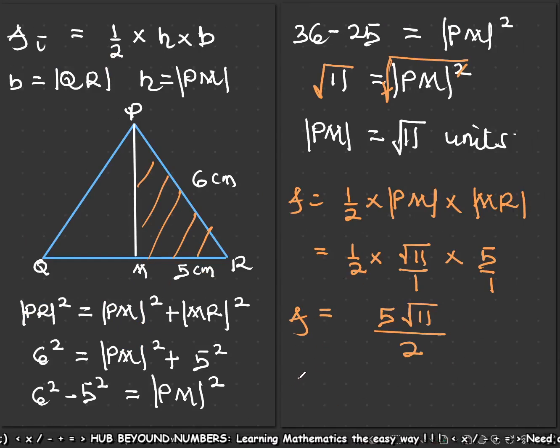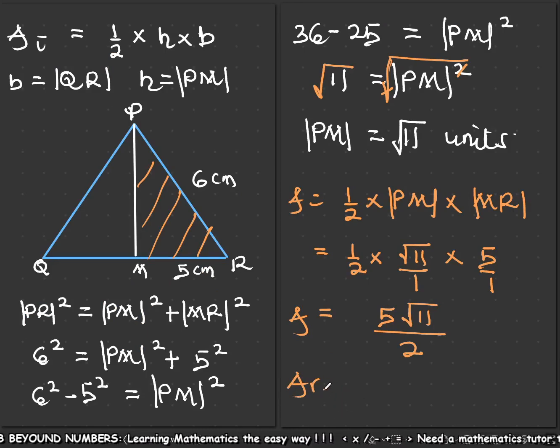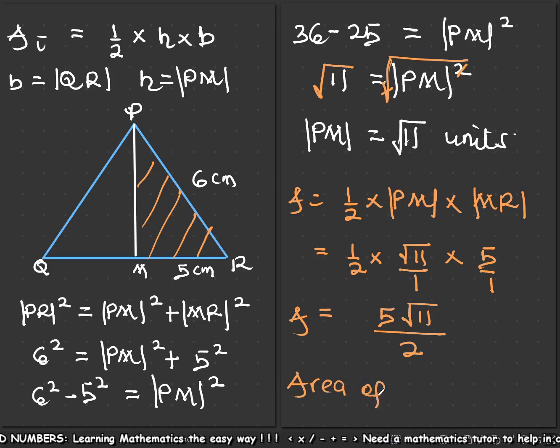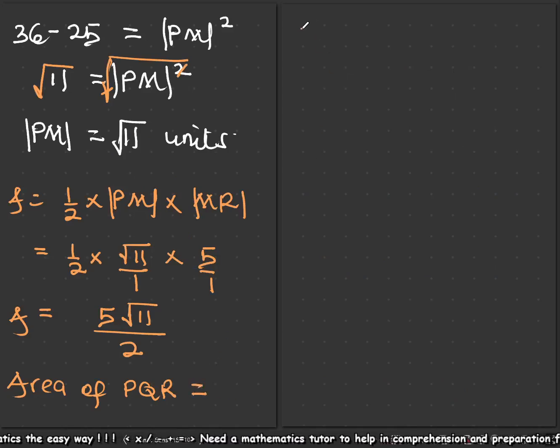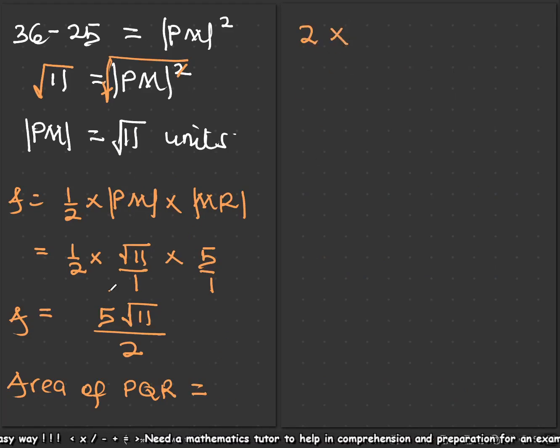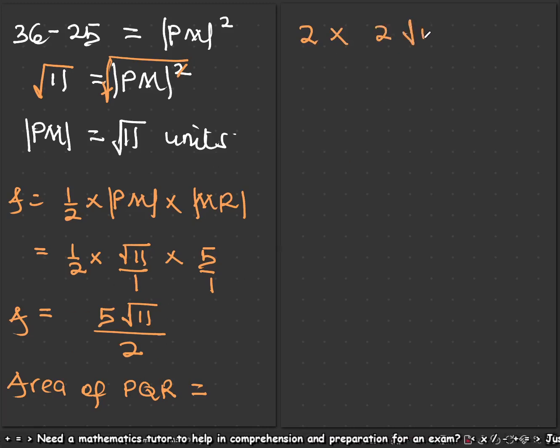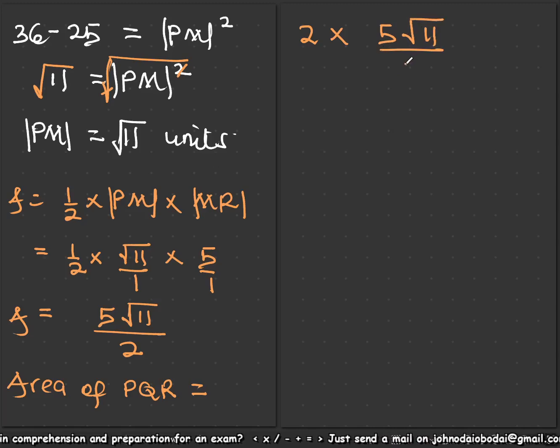You see? So we come and say the area of PQR is then equal to 2 times the area of this region. So 2 root 11 all over... Is that 2 root 11? It's actually 5 root 11 all over 2.